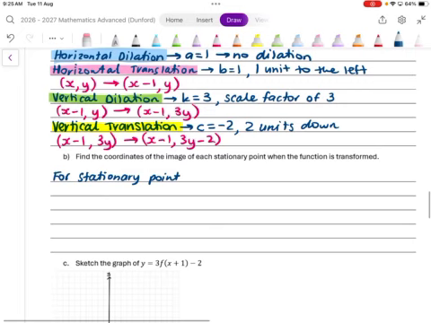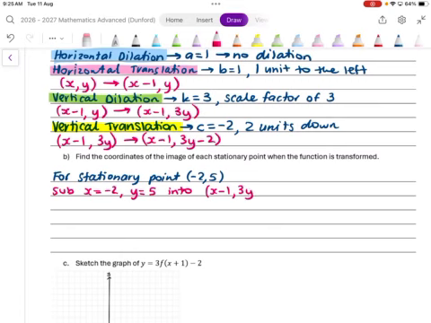So what we're going to do is for our stationary point of minus 2, 5, we are going to input this into our x minus 1, 3y minus 2. So we are going to sub x equals minus 2, y equals 5 into our x minus 1, 3y minus 2.